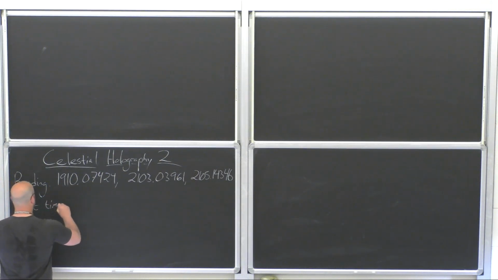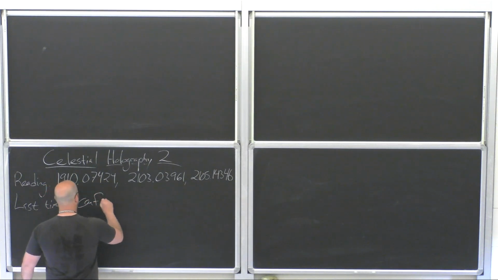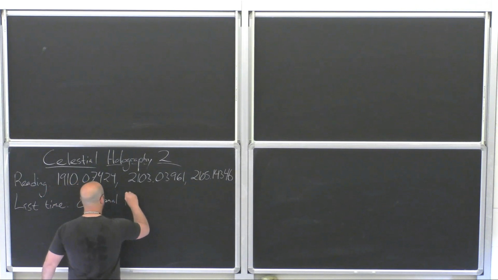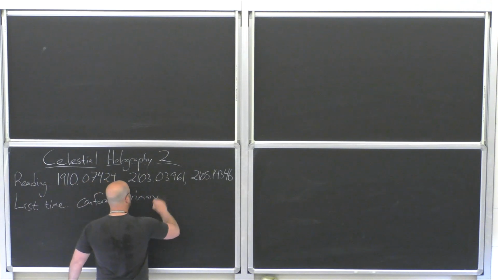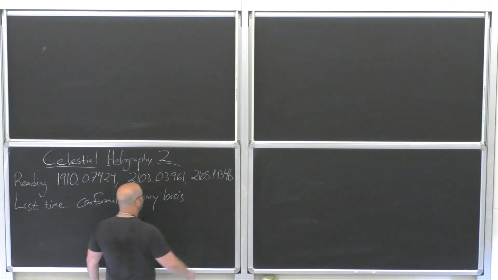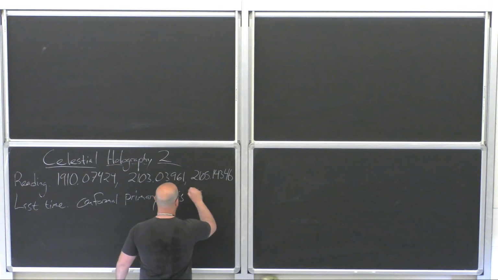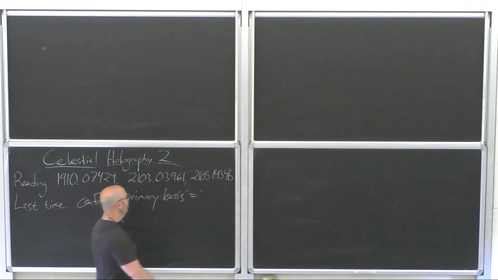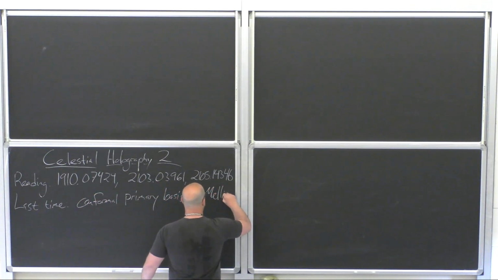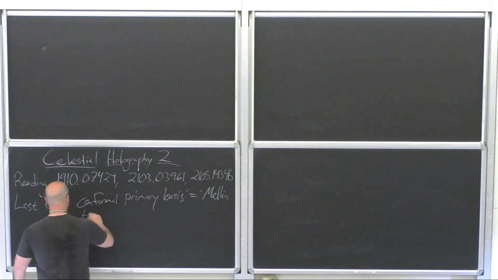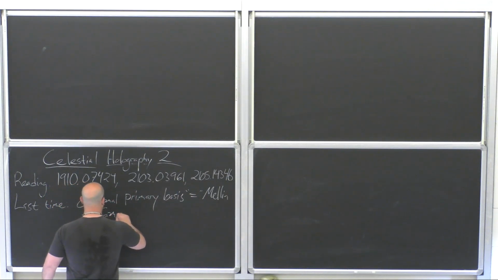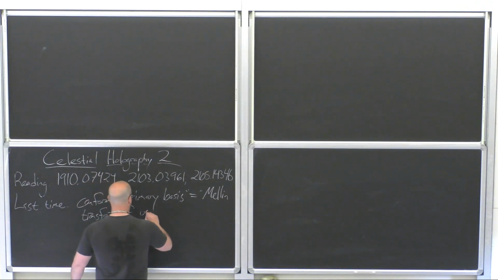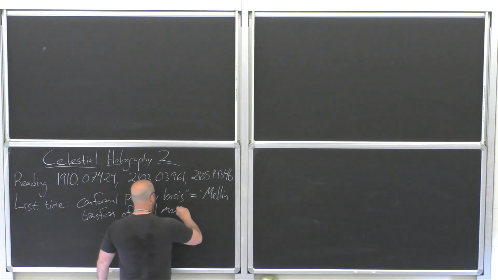So last time we said that there was this other basis of solutions to massless wave equations called the conformal primary basis. And that this is sort of equal to, in quotes, the Mellin transform of the usual momentum eigenstates.